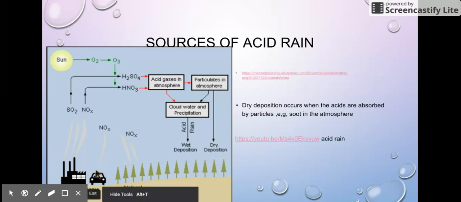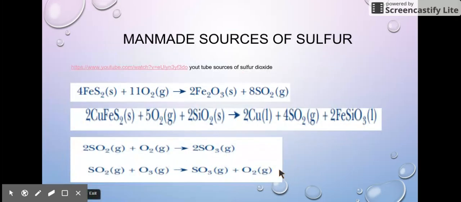Notably, cars produce oxides of nitrogen in quite large amounts, so cars are more likely to produce lots of nitrogen oxides. Coal is more likely to produce higher amounts of sulfur oxides. And these are the equations that go with that.